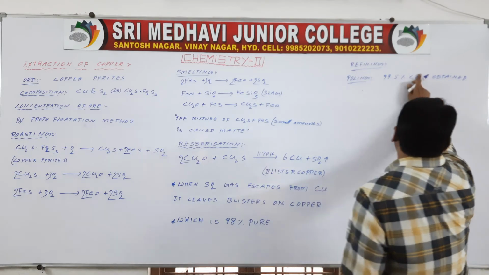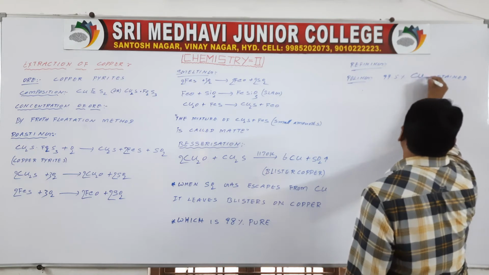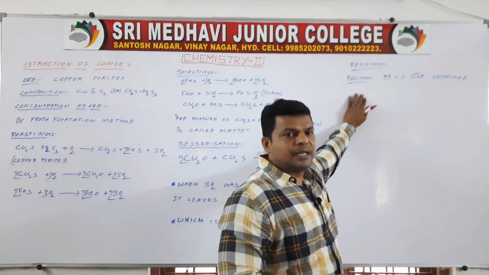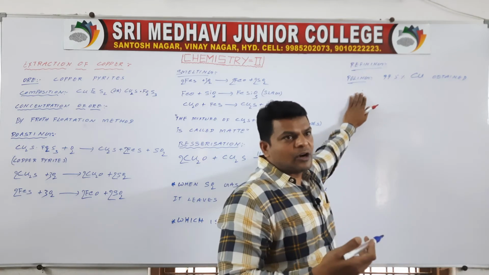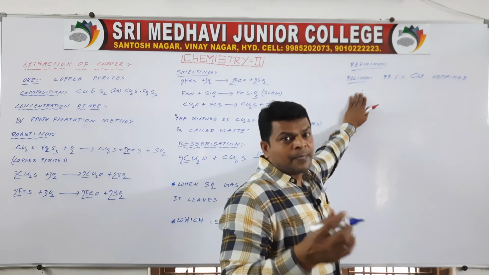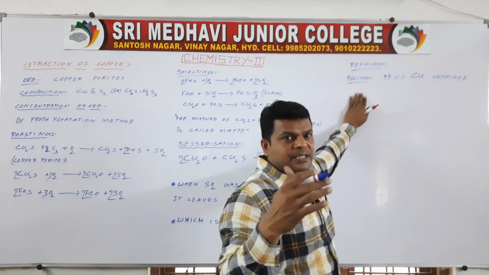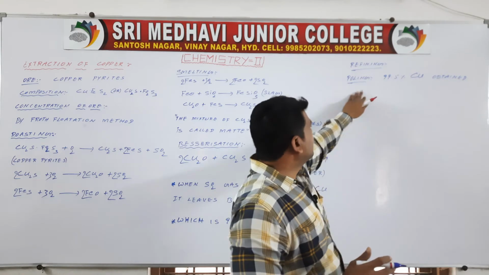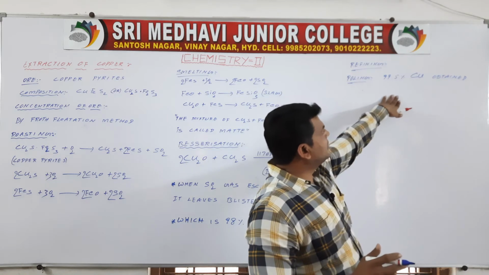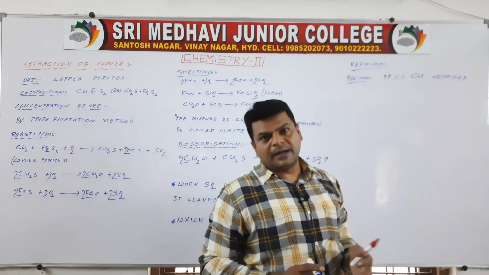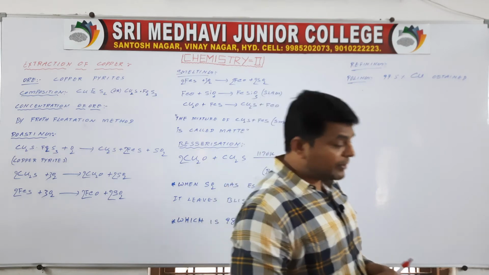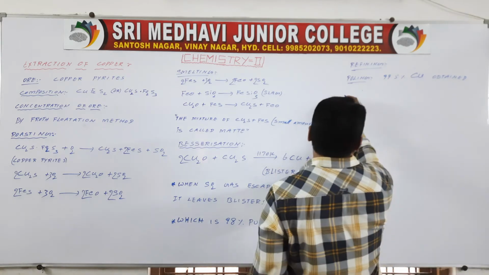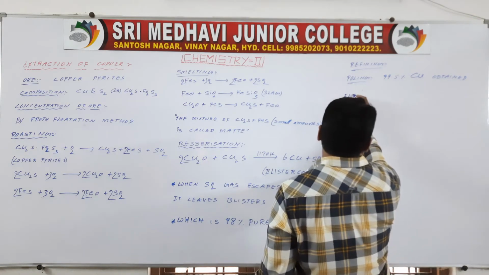Poling means, and we are going to discuss it in the next class, molten copper is mixed with green wood poles, and small impurities escape in the form of gases. So first is poling.